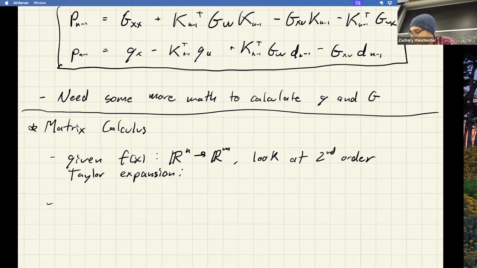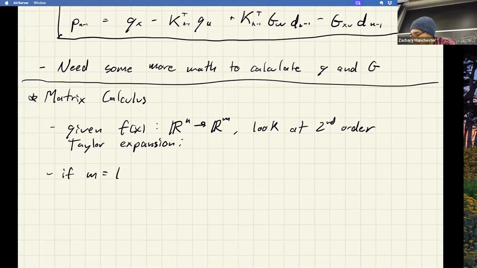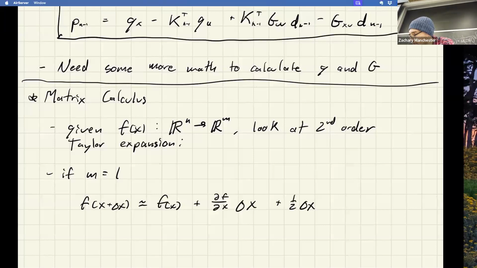If m equals 1, i.e. it's like a cost function that spits out a scalar, then we know what we're doing. We've got f of x plus delta x is approximately f of x plus a gradient term, partial f partial x, and then a Hessian term, delta x transpose d squared f dx squared delta x.